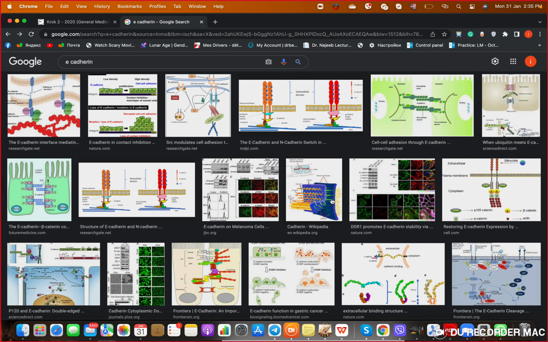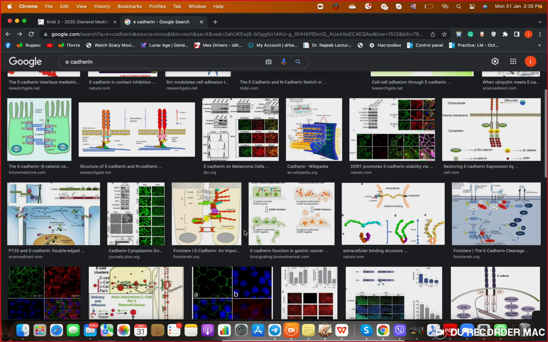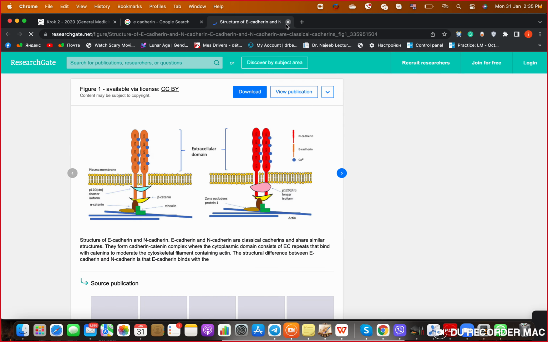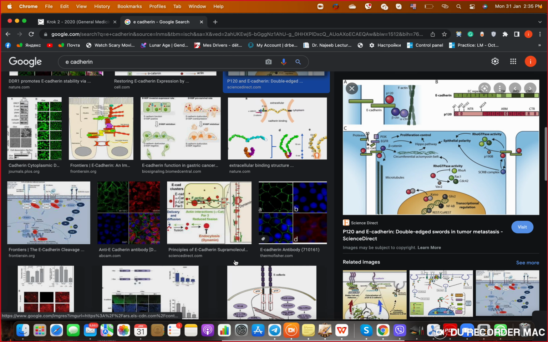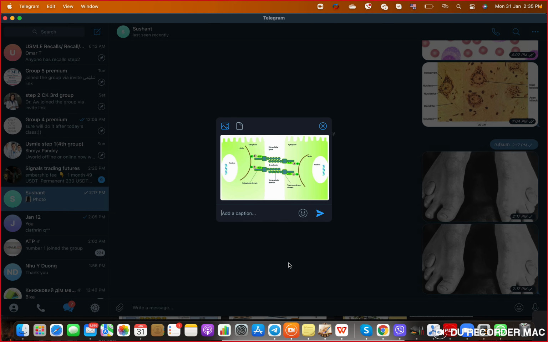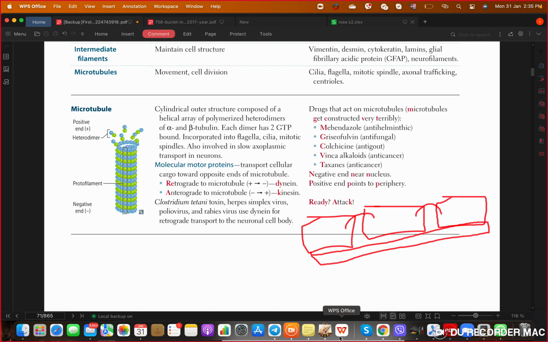So is that the end of the story? No, it's not the end of the story. There is more to it. I need to tell you the full story because otherwise it will not make any sense. Under the epithelial cells, we always have a basement membrane. What is the basement membrane made out of?